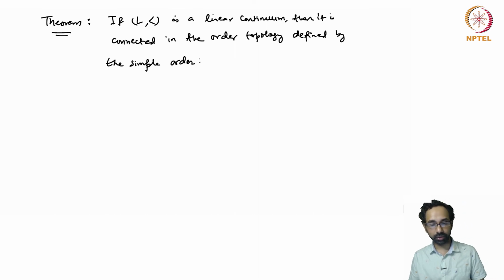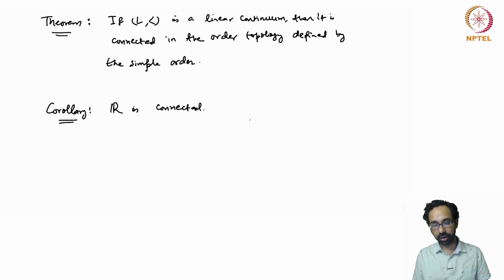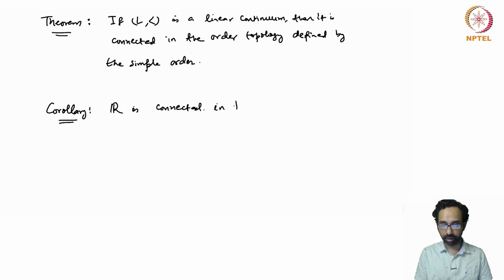And so if we can show this, since R is a linear continuum, we will have the immediate corollary. So assuming that the theorem holds, we have that R is connected, because the order topology on R is just the standard topology. So in the standard topology, R is connected. We will take up the proof of this theorem in the next lecture.